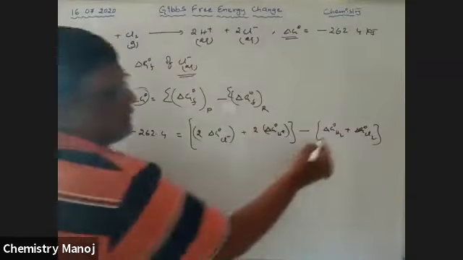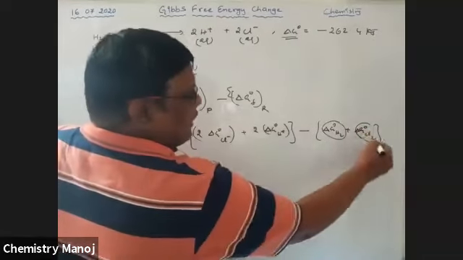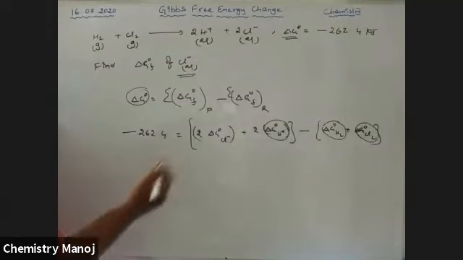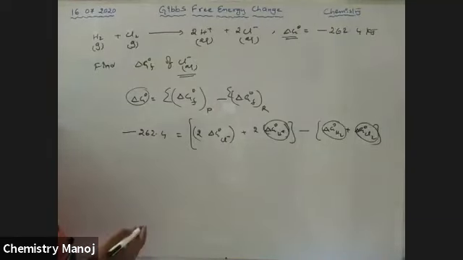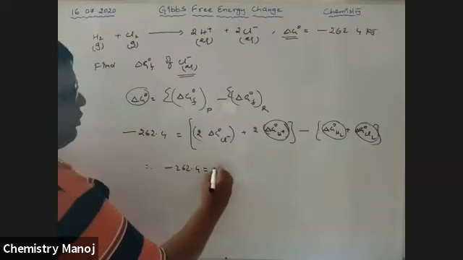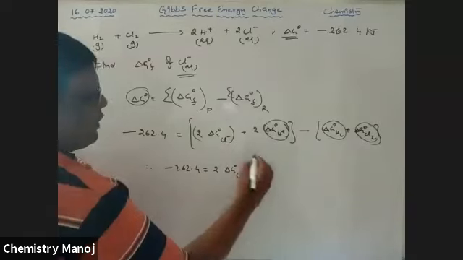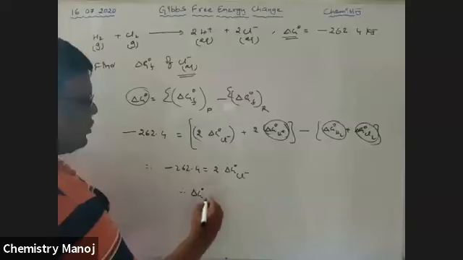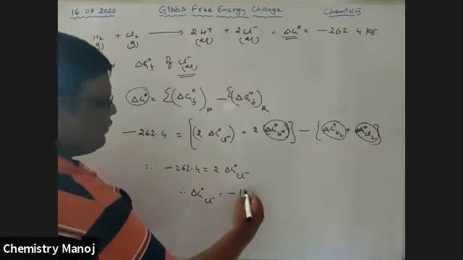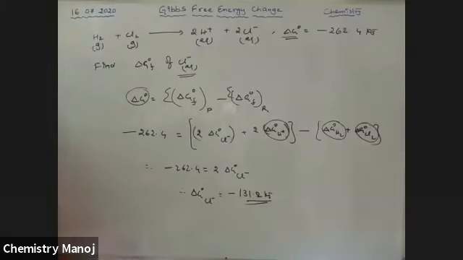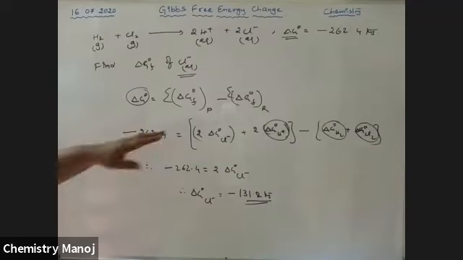These values are equal to 0, because those are standard values given to you. Therefore, minus 262.4 is equal to 2 times delta G naught of Cl-. Therefore, delta G naught of Cl- is equal to minus 131.2 kilojoules. So this is the way to solve it.